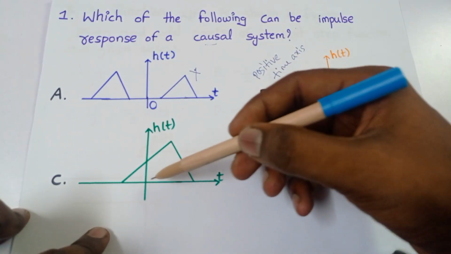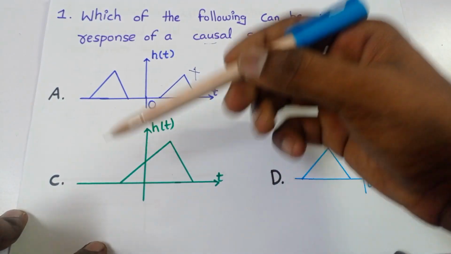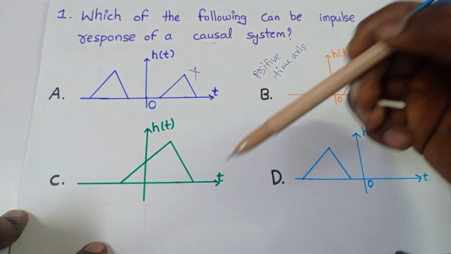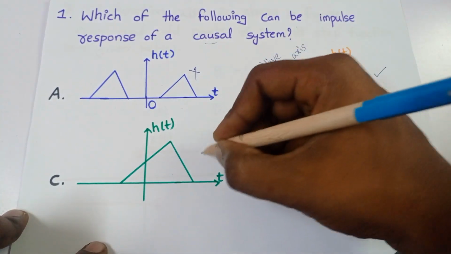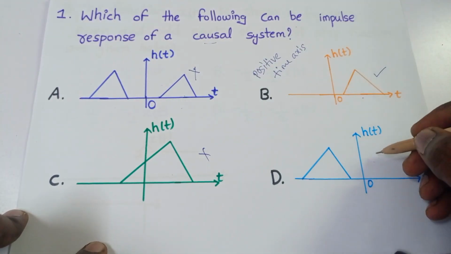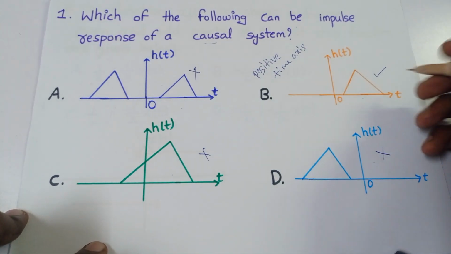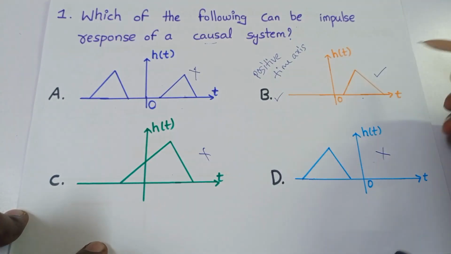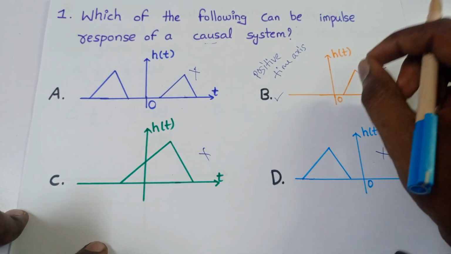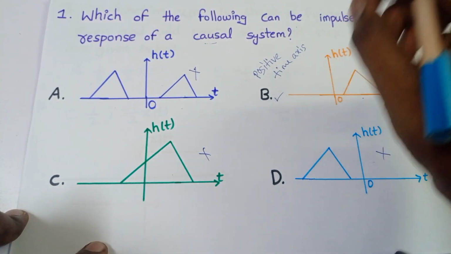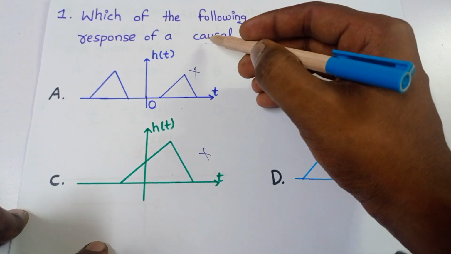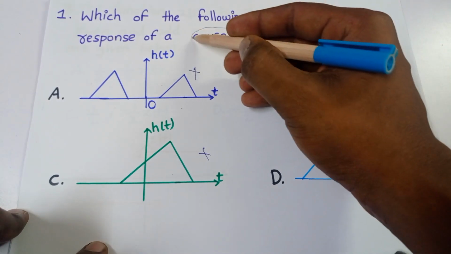Option C is also not present in only the positive time axis. So it's not causal. Here also it is present in the negative time axis, so it is not a causal system. Here option B is the correct answer. Suppose the question asked is to find the impulse response of a non-causal system.